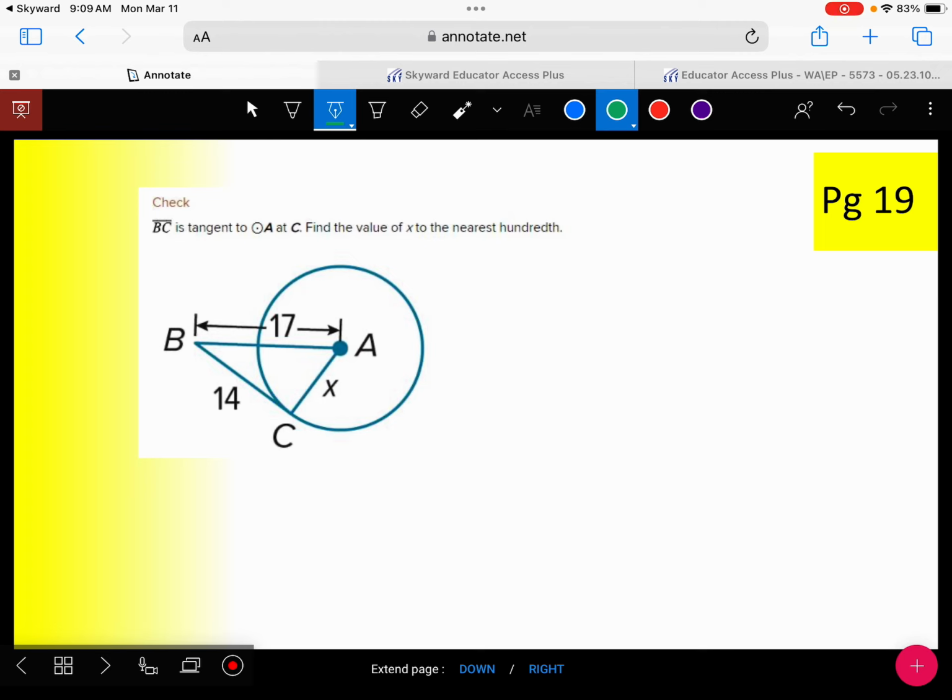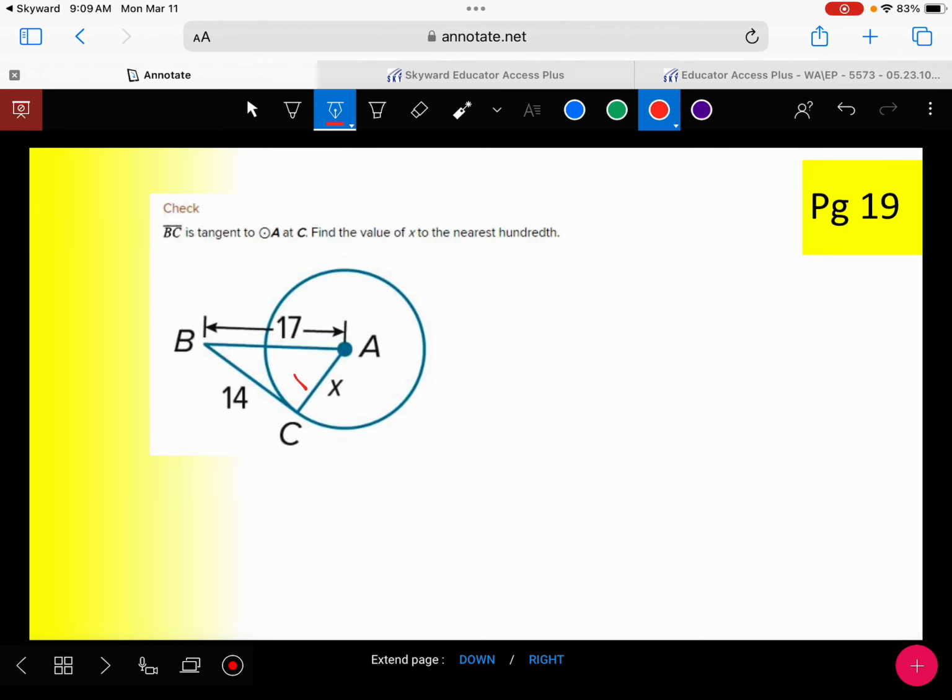All right, let's look at our next question. So now this is telling us that it is tangent, and we have to solve for X. So again, I'm going to put this little box here. And that 17 is opposite of that 90-degree angle. So we're going to set it up.